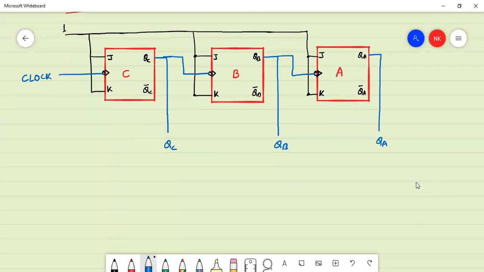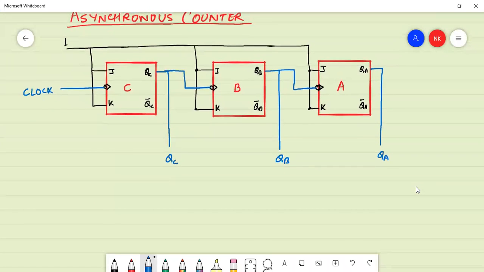Now what will be the mode of this counter?